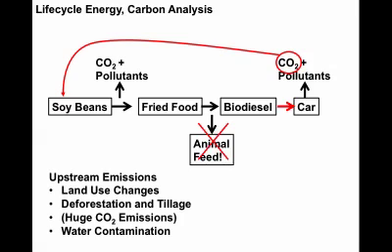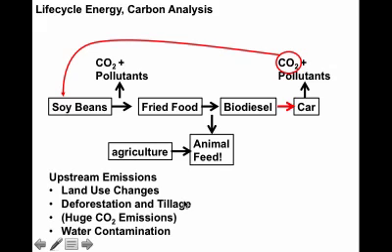It goes to animal feed. So why does that change our analysis? Because we can't do without animal feed. And so now you have an agricultural industry that needs to support this new animal feed, and all of these upstream emissions associated with the agriculture are attributed to your use of biodiesel that you diverted from the animal feed stream. So we can see that the consequences of our decisions are not always as obvious as we would think.